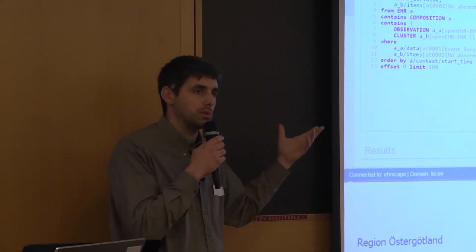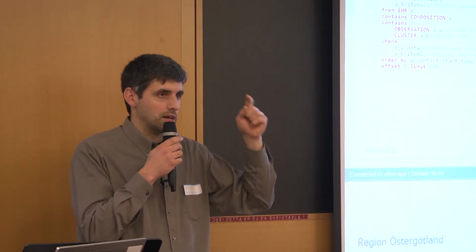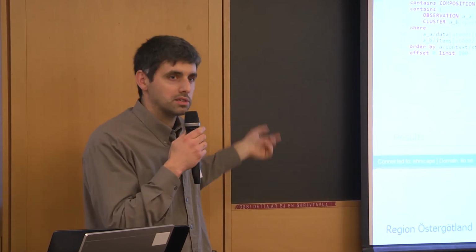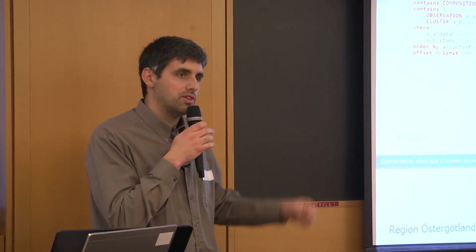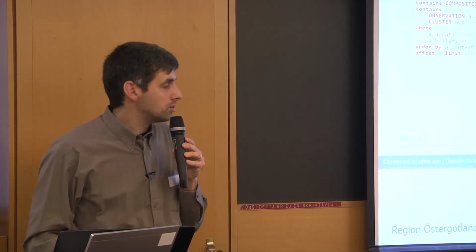So these queries can be language independent, unless, of course, you're trying to ask for something that is in a free text field. You won't get openEHR to automatically translate your free text fields. But everything that has been selected in archetypes like this, discrete values, you can get.